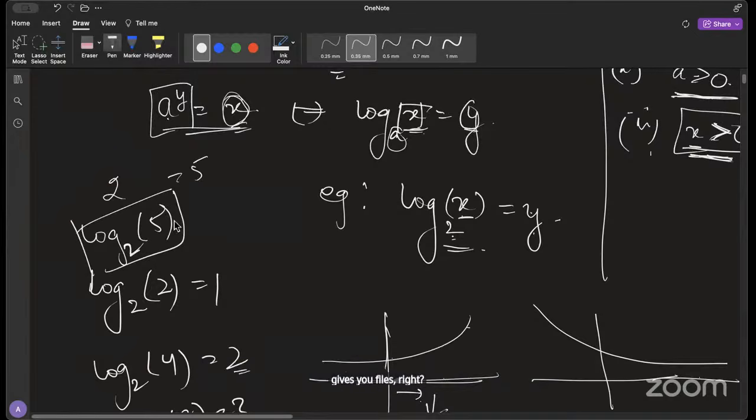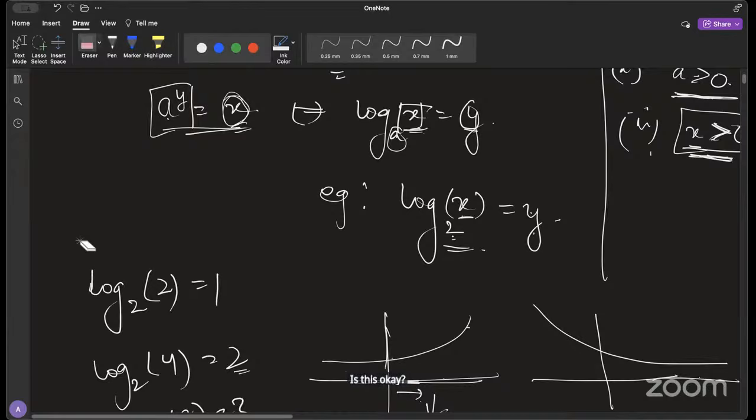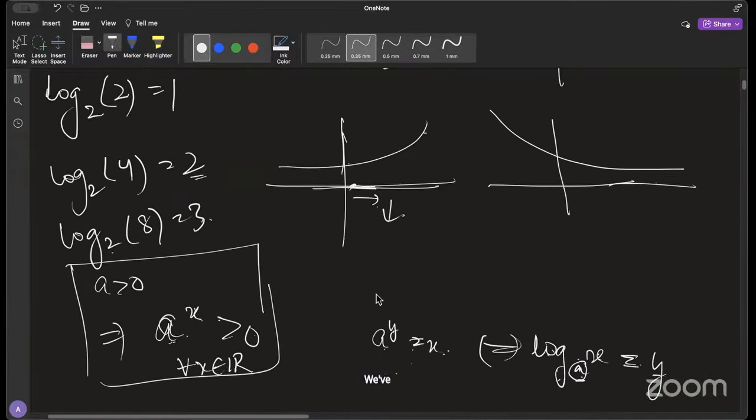If I raise this number to the power 2, I'll get 5. The number which when I raise to power 2 will give me 5, I am representing that number with this symbol, log base 2 of 5. Is this okay? This is just the basic definition of your log function. That's it. We've just defined the log function.